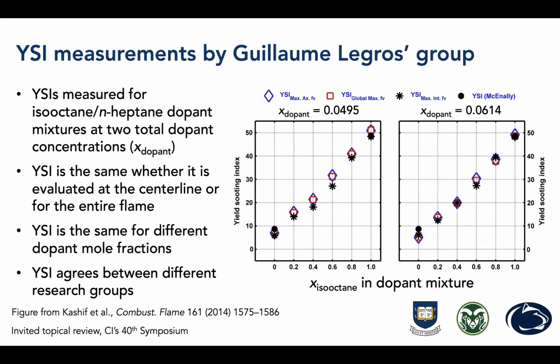What's useful is that they're all the same, so they agree between different research groups and how the soot is measured, whether evaluated at the center line or for the entire flame. This paper is by Kashif et al. in Combustion and Flame.